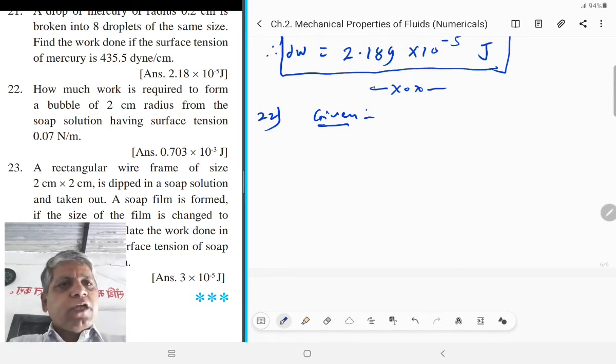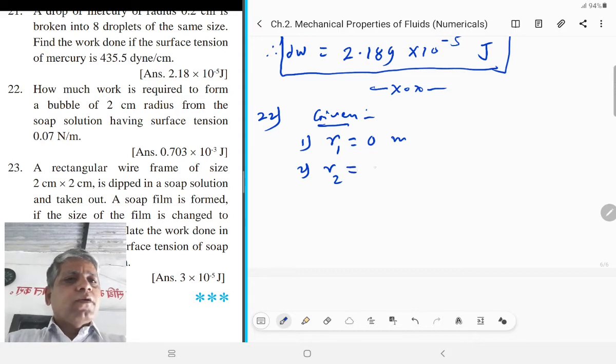Therefore here first given point is initial radius of the bubble is equal to 0 centimeter or 0 meter. Second, the final radius is 2 centimeter, that is equal to 2 into 10 raised to minus 2 meter.